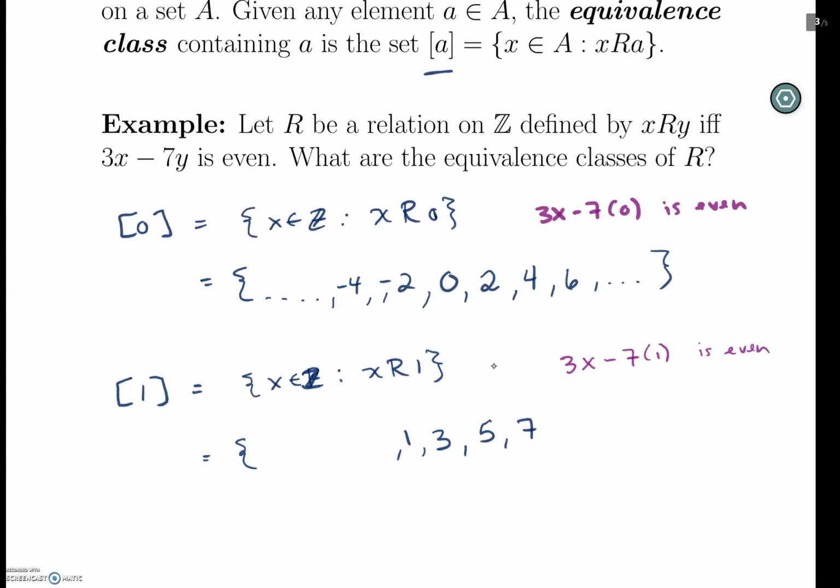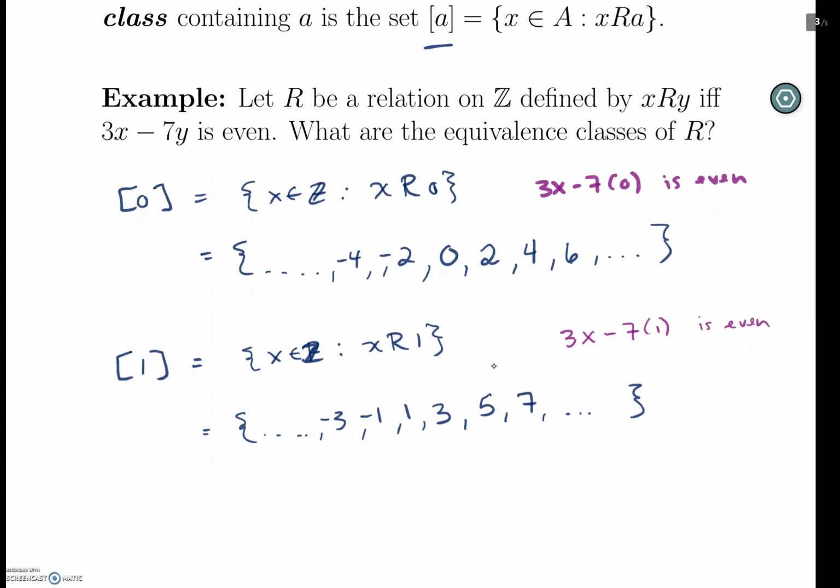Similarly, 5, 7, and it would seem that all of the odd integers are going to work. And in fact, they will. So you might ask yourself, well, what about 2 or 3 or 4? What other integers might give us an equivalence class?